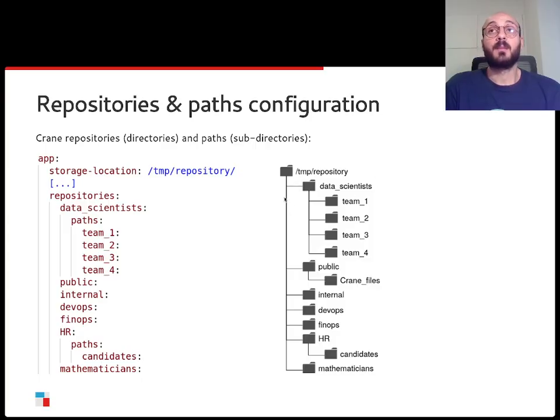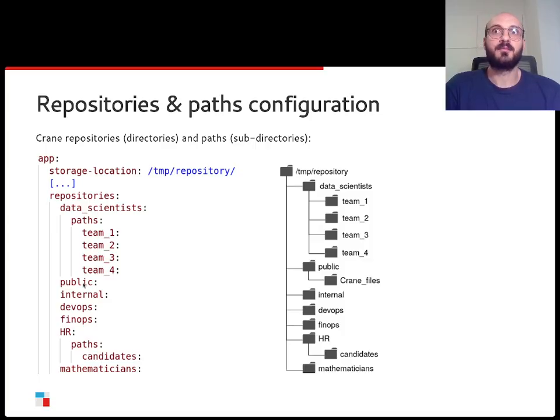But note that defining these paths is optional and should only be used if you need specific configurations for these paths or subdirectories. For example, in the public repository, we also have a subfolder, but this one is omitted as everything in the public repository in our example just needs to remain public and should be accessible by all users.